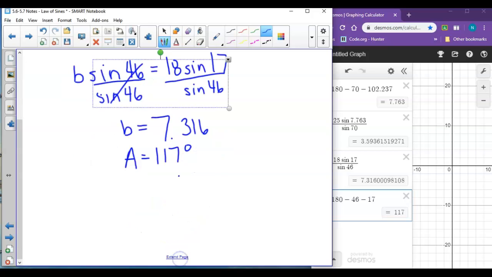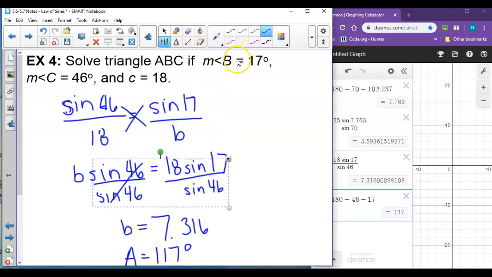To find side A, I'm going to have to set up the law of sines again. So I would probably use the C's here to help me set this up.